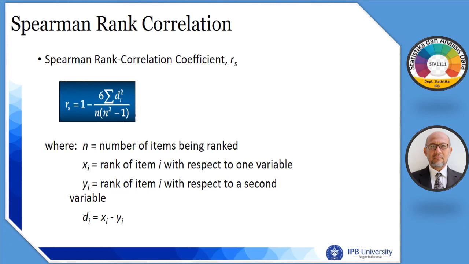N is the number of items being ranked, that means the number of data being ranked. Xi is the rank of item i with respect to one variable. Yi is the rank of item i with respect to a second variable. Di is the difference between Xi and Yi.